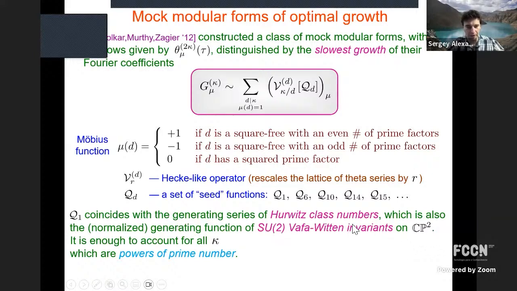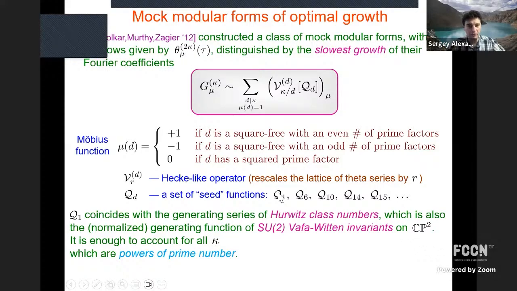So probably you know that there is such a topological theory, which is called Vafa-Witten theory. It can be formulated on essentially any complex surface. It has a gauge group, and in this case, you just take the gauge group to be SU2 and the surface to be CP2. The partition function of this theory counts certain topological invariants, which are called Vafa-Witten invariants, and the generating function precisely turns out to coincide with this function Q1.